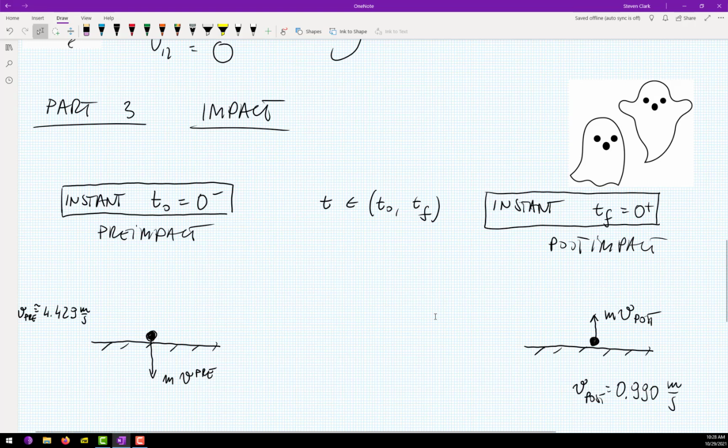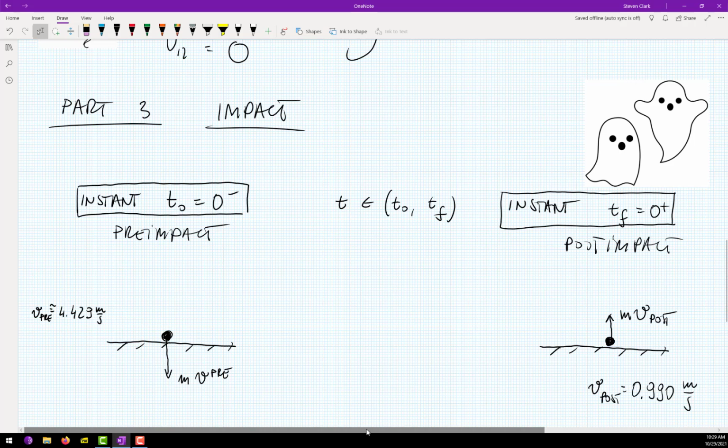Okay, and now let's see our impulse diagram. So we have our particle here, and what forces act on our particle? We have mg and we have n, the reaction force between the particle and the ground.